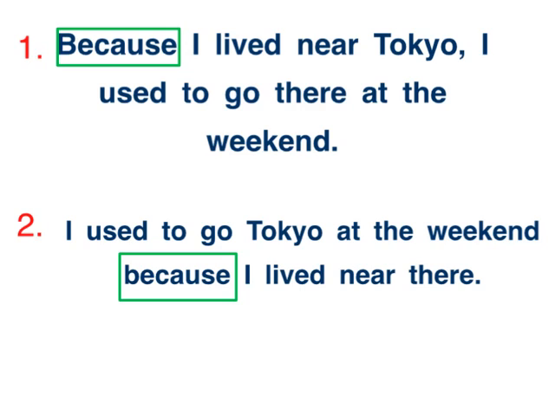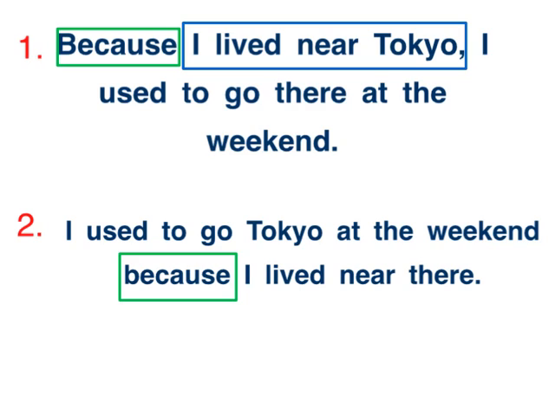No commas in the second pattern. The other thing that's changed is that the I lived near Tokyo, which is connected to because in the first sentence, has also moved. This is very important. You must move the part of the sentence that's connected to because along with the because.